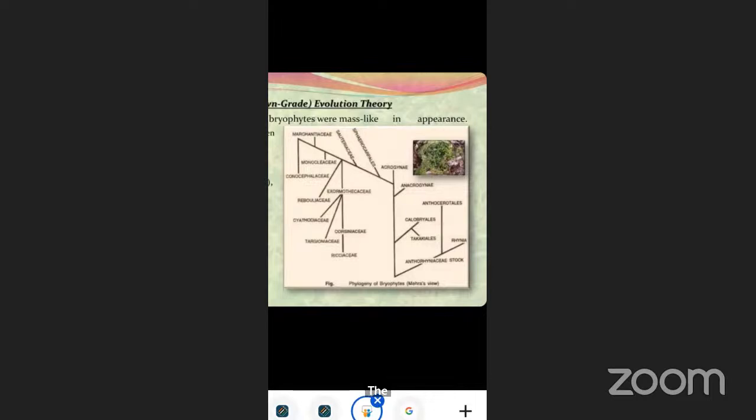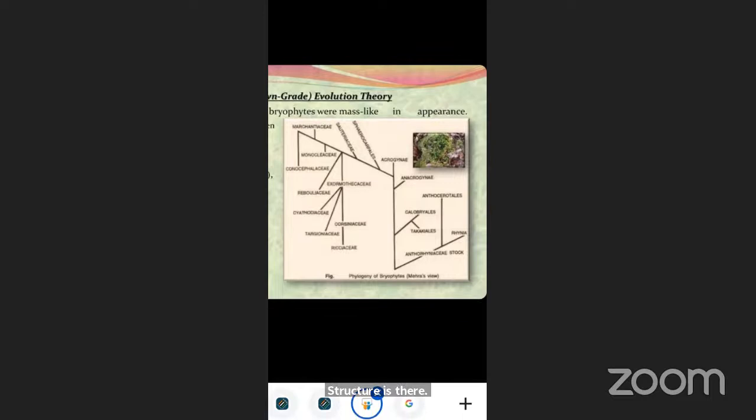Okay, clear? That is the progressive evolution of the Bryophyta.